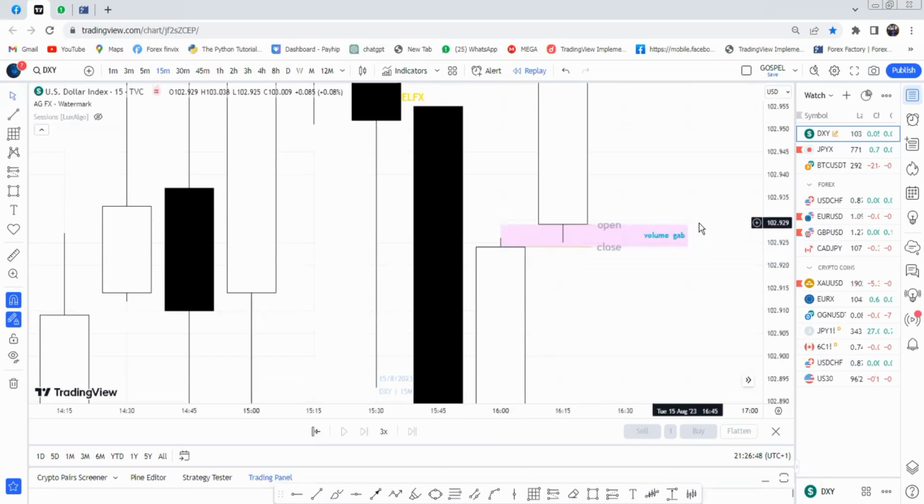Now this happens due to large orders coming into the market. It's like when you go to the market and you see people selling things at auction price. Let's say they start from 10,000, and then the next person says 11,000.